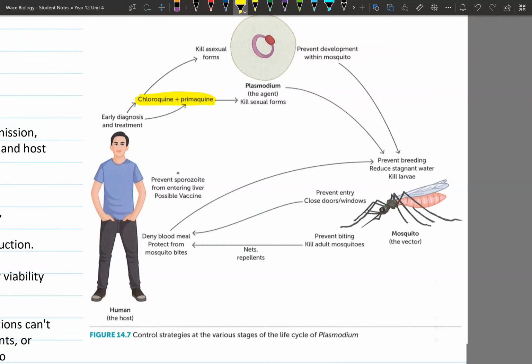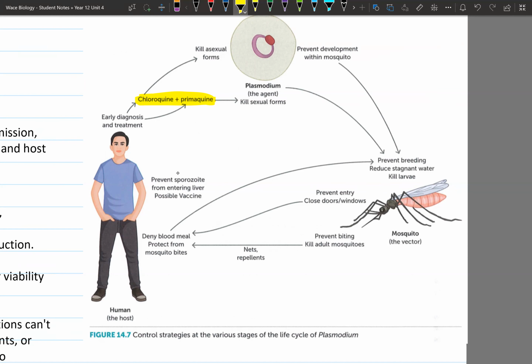These are two similar types of pharmaceutical drugs that are used to kill the actual Plasmodium and the different forms, in this case, sexual forms. If the human takes this medicine, they can kill the Plasmodium from even going to the mosquito.